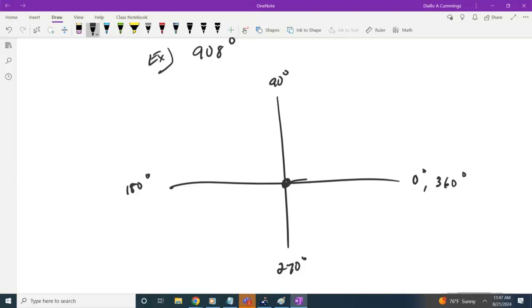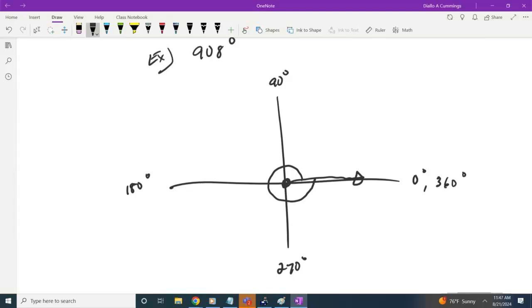My initial side starts along that positive x-axis. So if I take my terminal side and rotate it one rotation, that's how many degrees? 360, right?